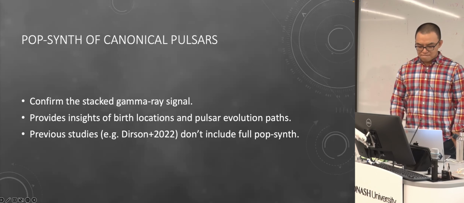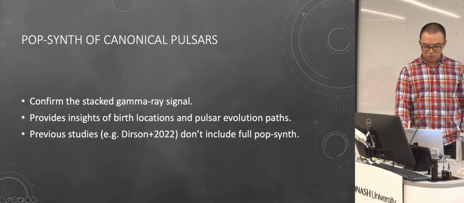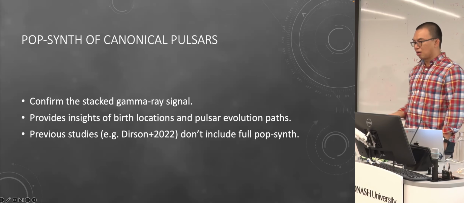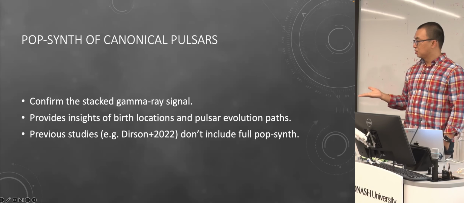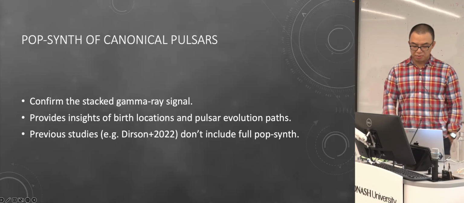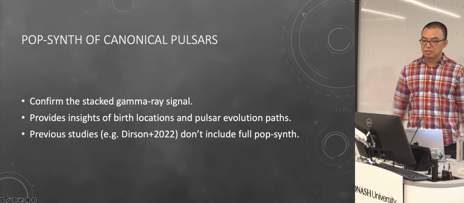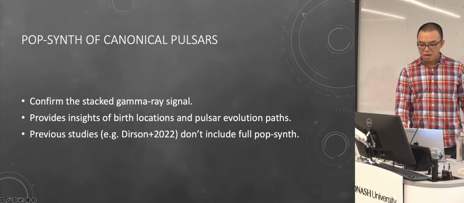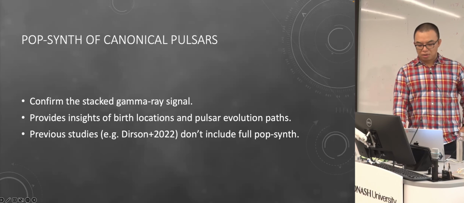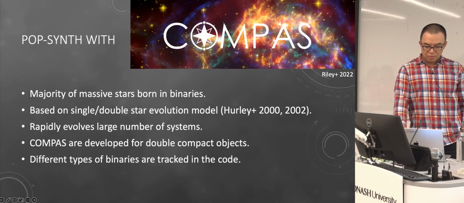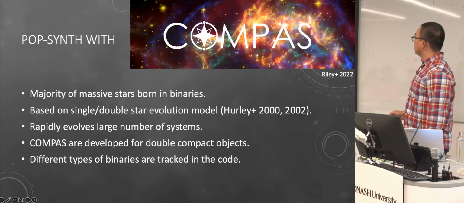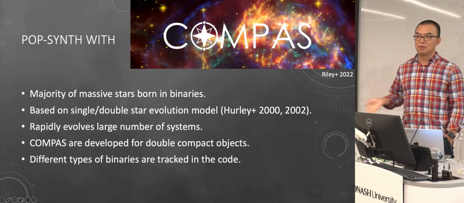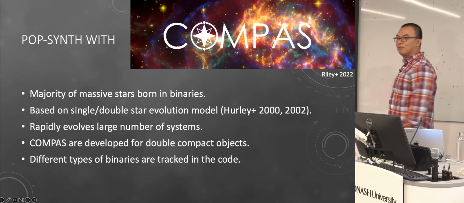So what I do is a little bit different because I track the entire evolution history of the stars, and then that converts into how the pulsars actually behave and how they should interact with the companion or other environmental properties too. So the population synthesis code I use is COMPAS. Some of you here are very familiar with this.